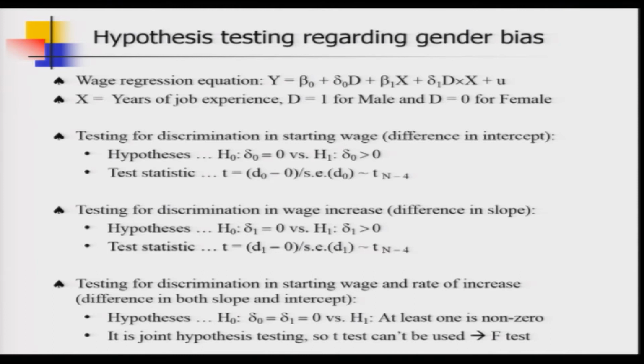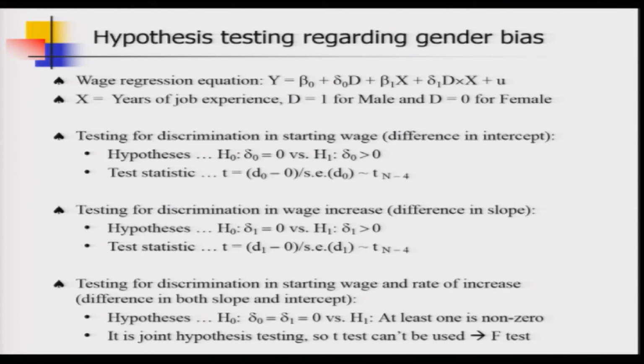So, basically here I set my null hypothesis as delta 1 equals 0, and my alternative hypothesis is delta 1 is positive. I have explained in somewhat detail why we are not going for a two tail test in the first case. So, I am skipping that discussion, and I believe that you can understand why I am placing a strict inequality here in place of the not equal to sign.